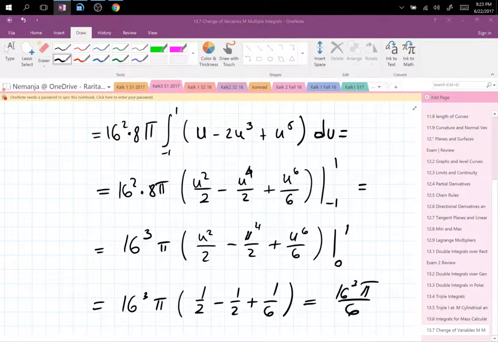Did they fix this? Huh, they fixed this. So our solution is 16 cubed pi over 6, and their solution is this one. So our solution is 2 times that. So there is times 2 somewhere. So probably I missed something while integrating somewhere times 2. But yeah, that was it.